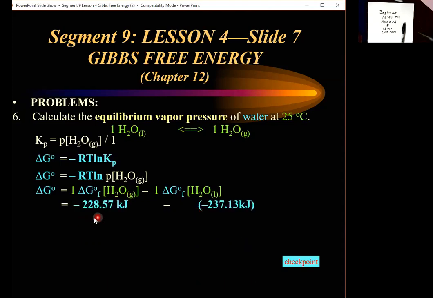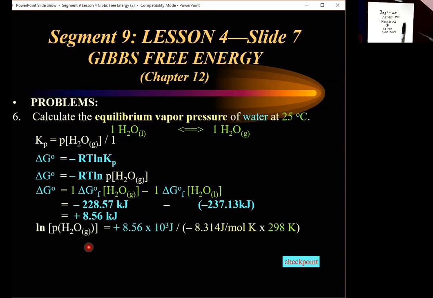And here are the numbers. So delta G superscript is minus 228.57 minus a minus 237.13 kilojoules. And so delta G is plus 8.56 kilojoules. Now, I've got the numbers I need. The log of Kp is going to be 8.56 times 10 to the third.